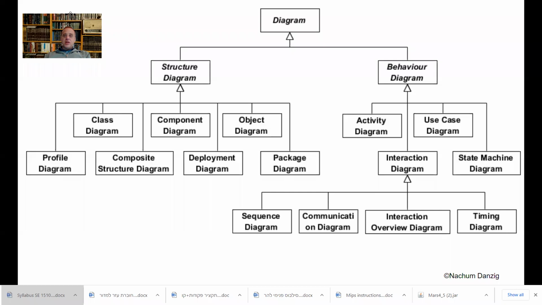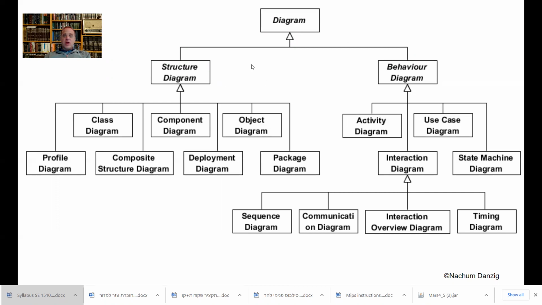a lot of people think that the only thing that's in UML is a class diagram. Here is a class diagram. Actually, UML encompasses many types of diagrams. There are two main types: structural diagrams and behavioral diagrams.